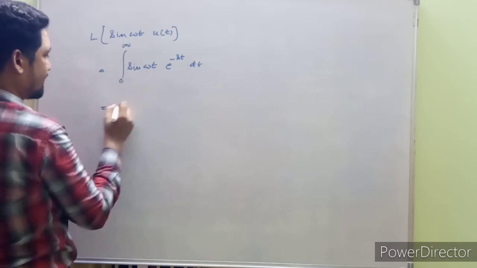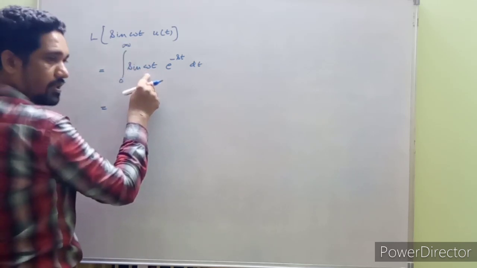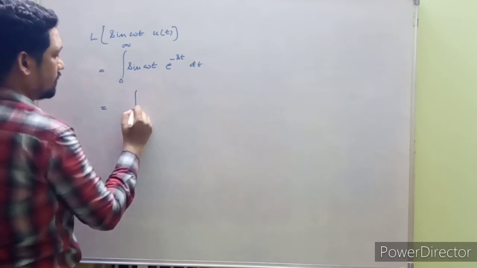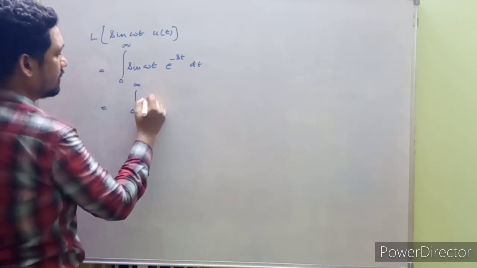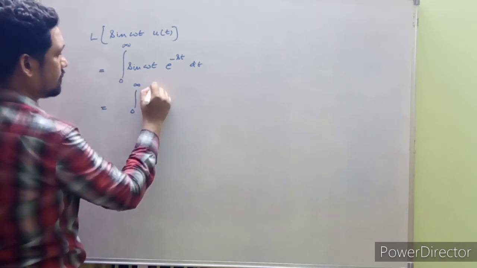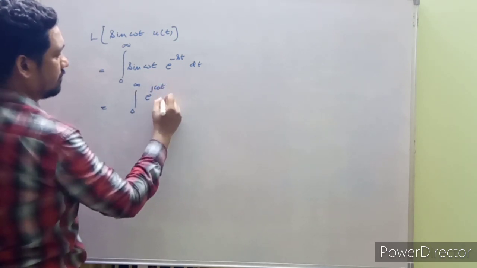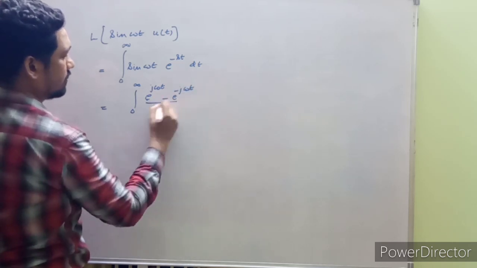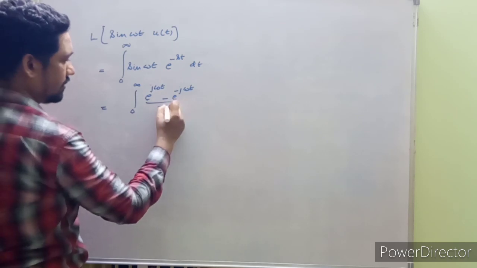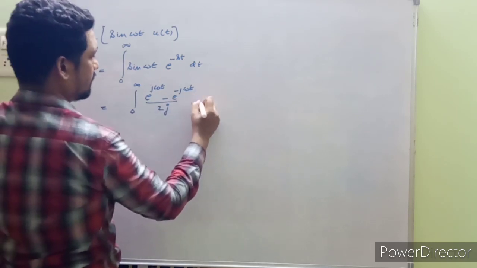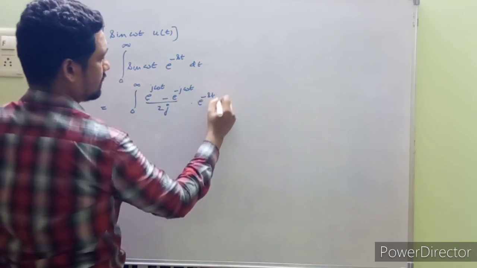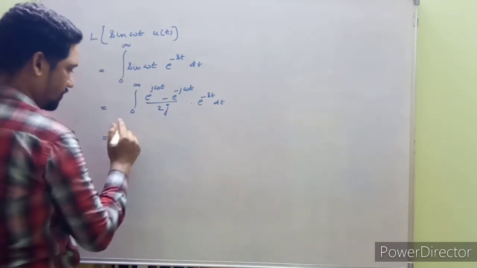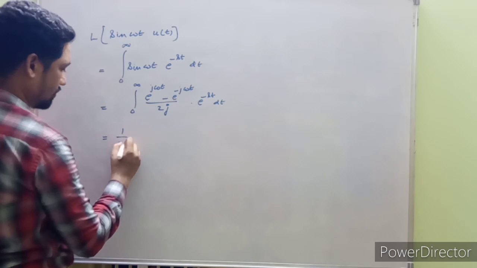So what next is this should be converted into its Euler's identity for simplification. Integral 0 to infinity, e raised to j omega t minus e raised to minus j omega t, by 2j, its Euler's identity, into e raised to minus st dt. It's a constant that comes out, 1 by 2j comes out.